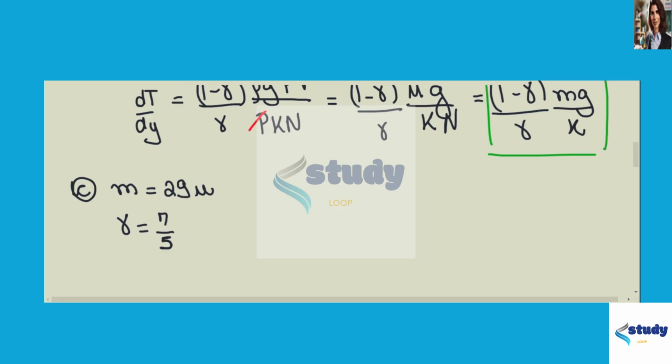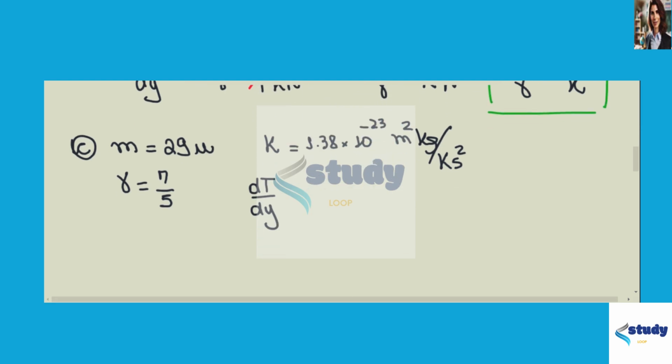This is true for any diatomic gas in normal circumstances. Also, K is 1.38 times 10 to the minus 23 meters squared kilogram per Kelvin second squared. And our goal is to find dT dy in this situation.